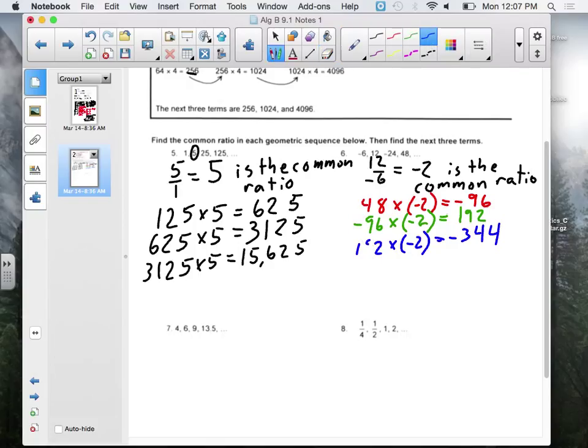There it is. I totally meant to do that too. Yeah. We believe you. Yep, everyone believes me, right? So what is negative 192 times negative 2? It equals 384. Thank you. See, you guys are paying attention.